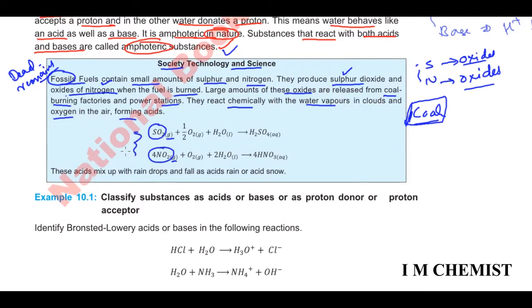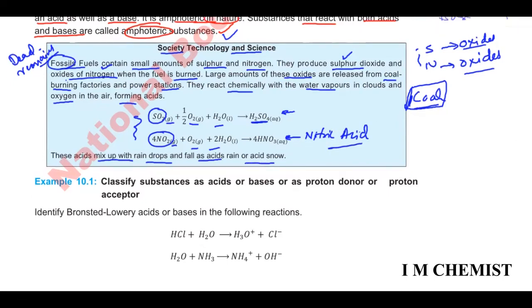These oxides come from coal burning factories and power stations, and in the atmosphere they react with oxygen as well as water molecules and form acids. This is sulfuric acid and this one is nitric acid. And when this water comes into our atmosphere, we say that this is acid rain. These acids mix up with raindrops and fall as acid rain or acid snow.